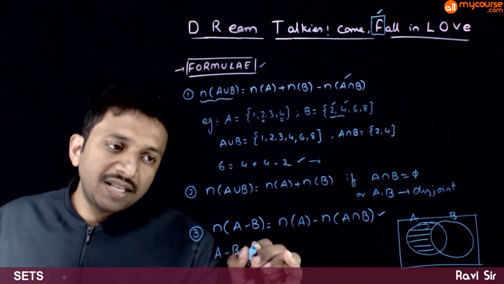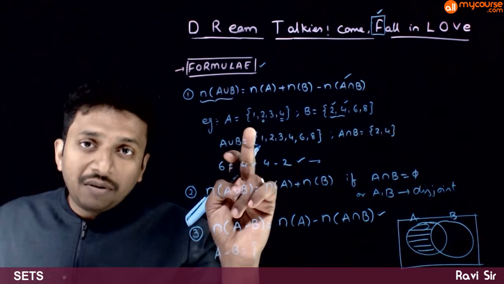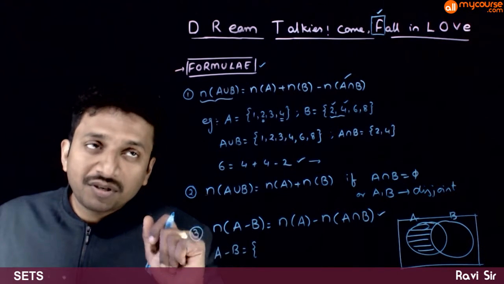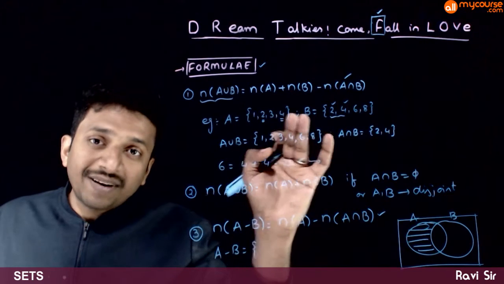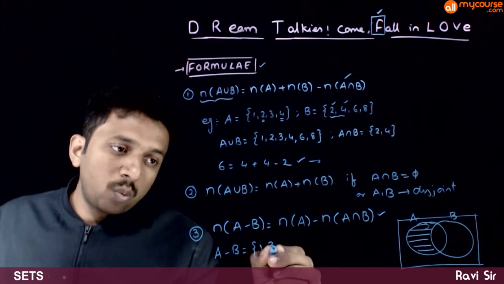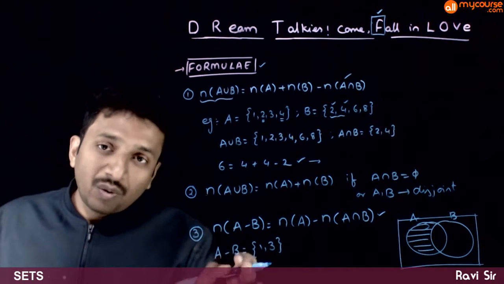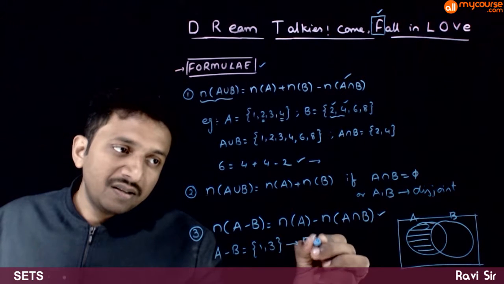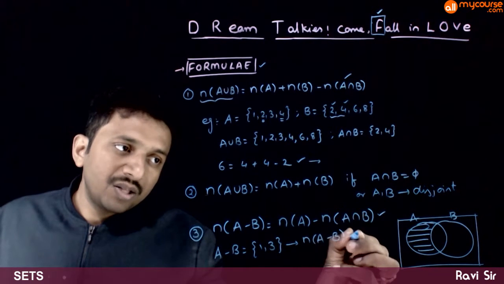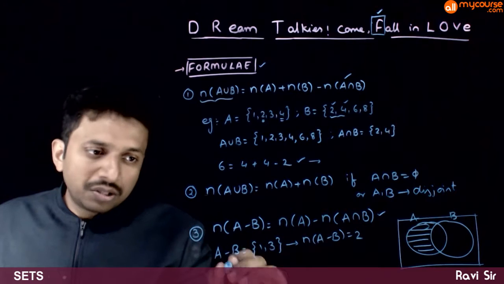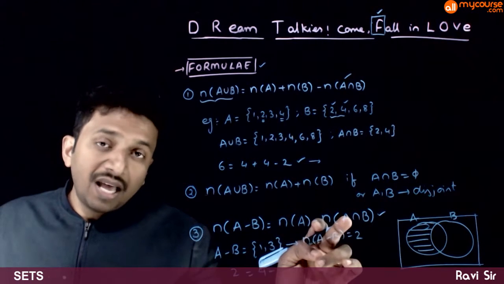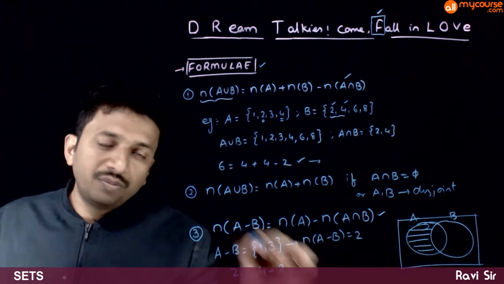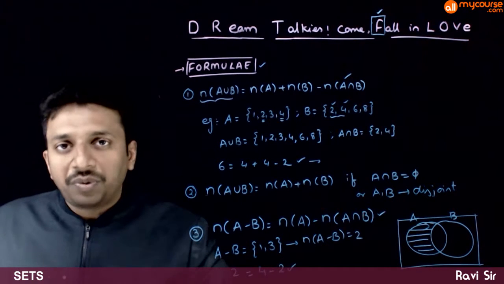A minus B is nothing but from A you have to subtract the common elements. I want those elements of A which are not present in B. 2 and 4 are present in B. So I'll remove that. I get 1 and 3. So what is n of A minus B? There are 2 elements here. So 2 is equal to n of A, which is 4, minus n of A intersection B, which is 2.